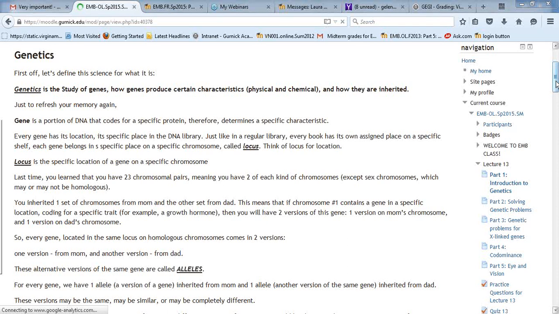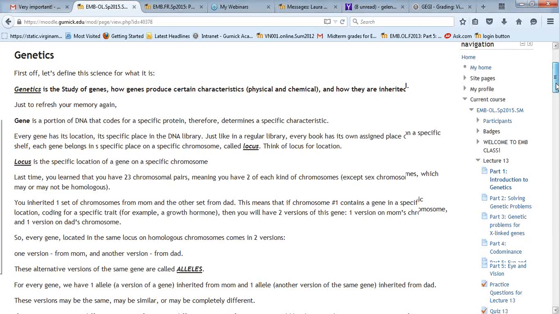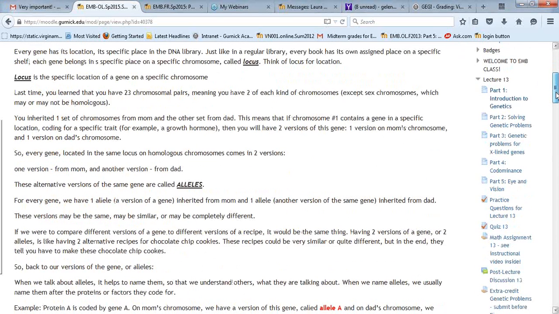And every gene, as it has its specific assigned place, that place is called a locus. So think of locus as the location of a gene in the DNA library. Locus is a specific location of a gene on a specific chromosome.